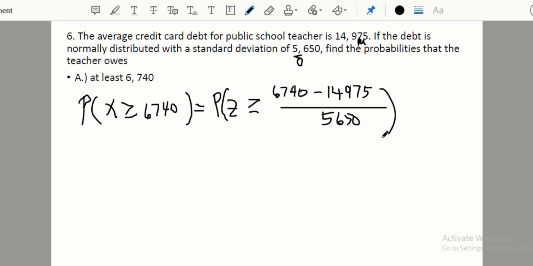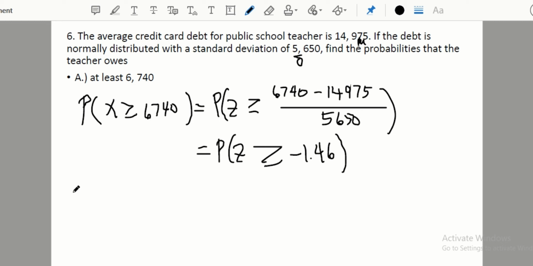6,740 minus 14,975 divided by 5,650. So the answer is negative 1.46. Z greater than or equal to negative 1.46.